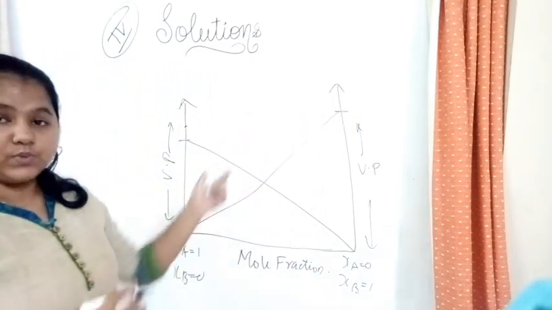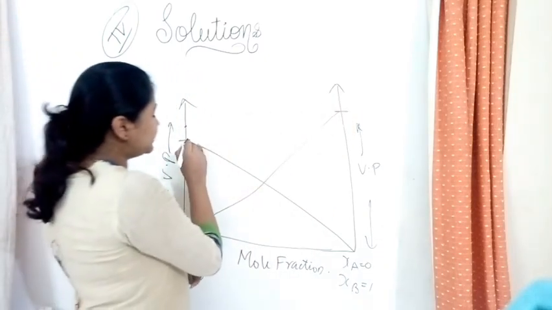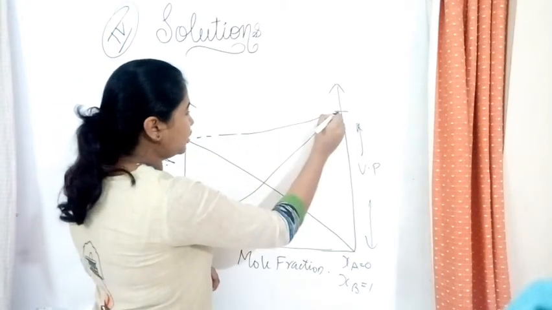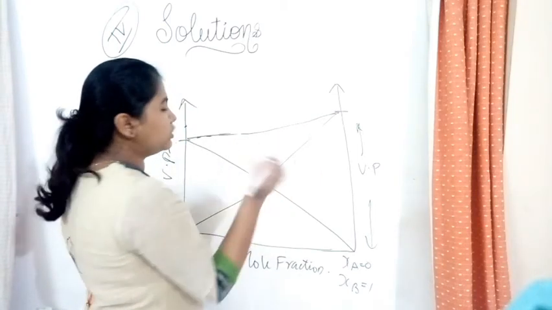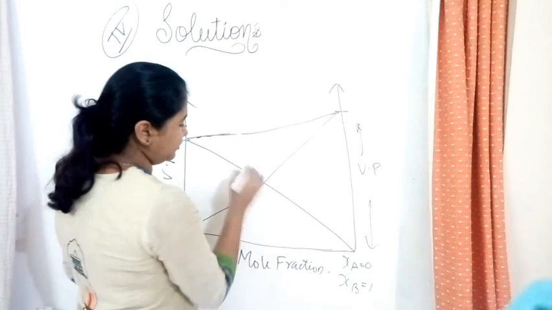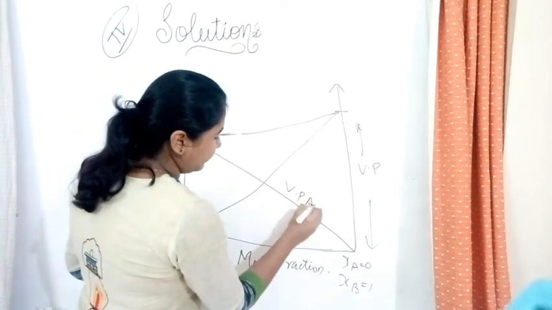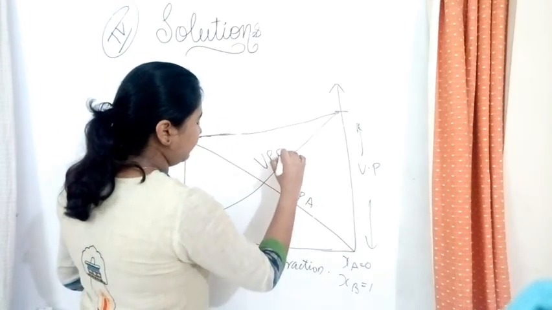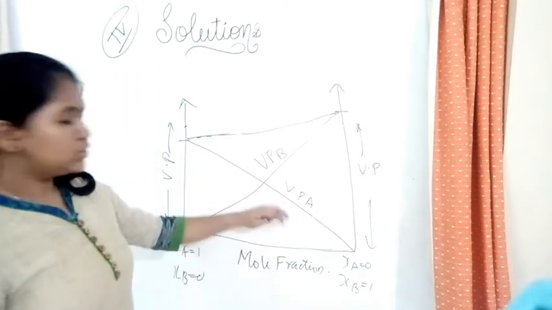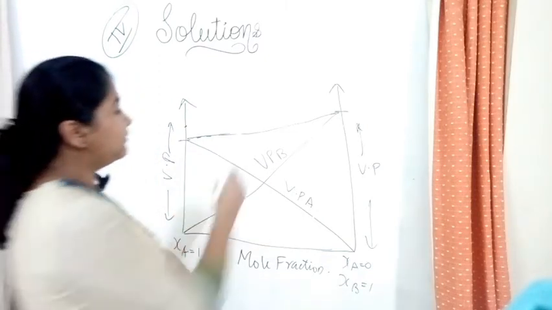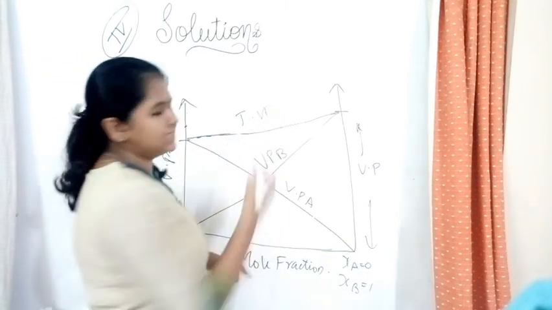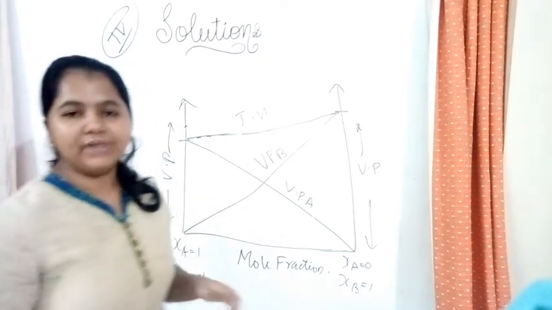Okay, this was what we got. And this was the total vapor pressure. So this is the vapor pressure of A, vapor pressure of B. So this was the case of ideal solution.